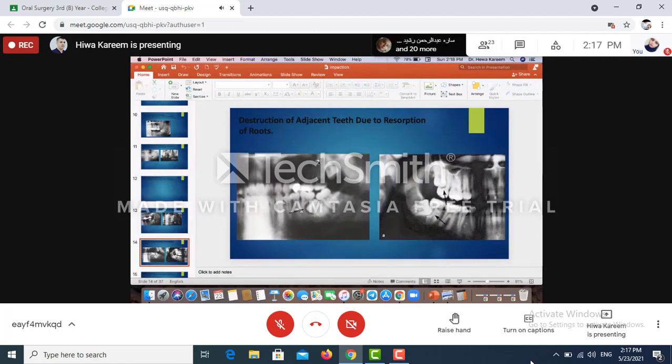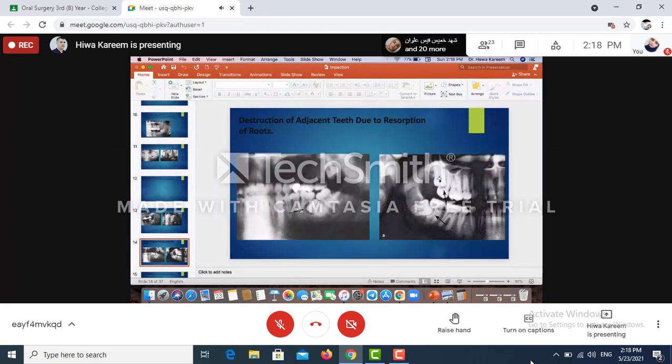Other indication, destruction of adjacent teeth due to resorption of the roots. This is an impacted lower 7 leading to resorption of the root of the lower 6. In this condition, the impacted third molar leads to resorption of the root of the lower second molar.